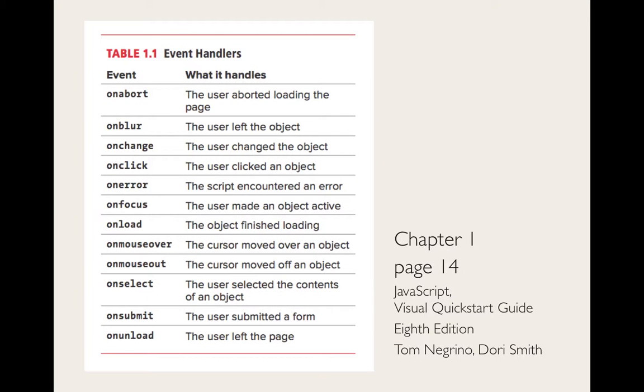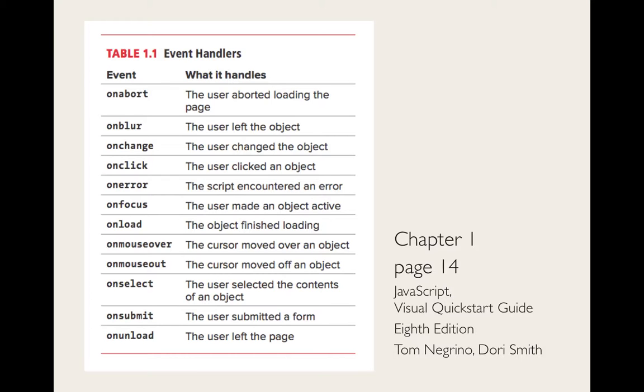Here's some examples of some classic events. You probably recognize mouse overs and mouse outs and clicks and things like that. JavaScript uses a few weird terms in that if an object has focus, or if it gains focus, it means the user's made it active. If somebody clicks or tabs into a form field, it's active. It's in focus.